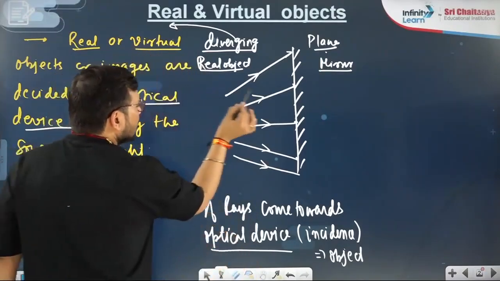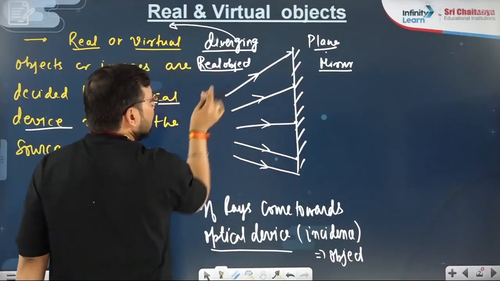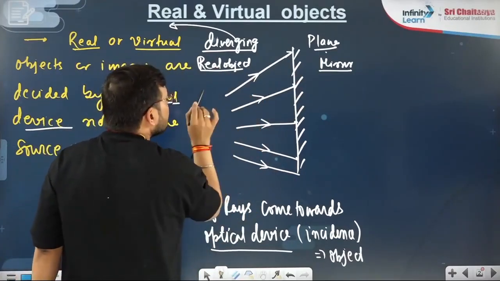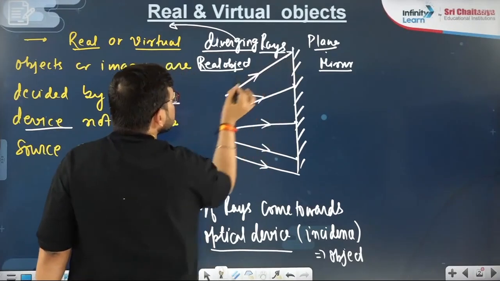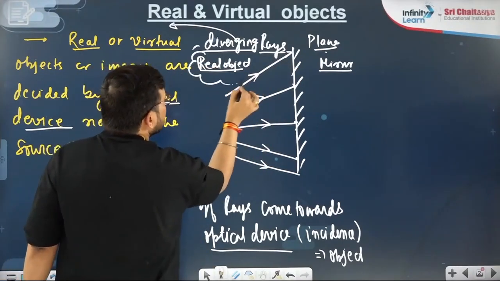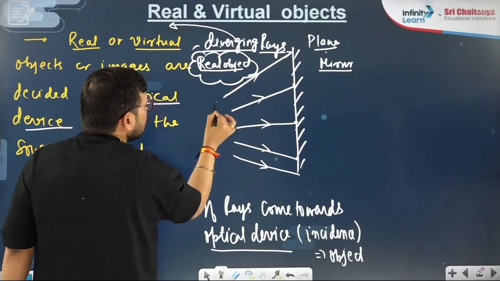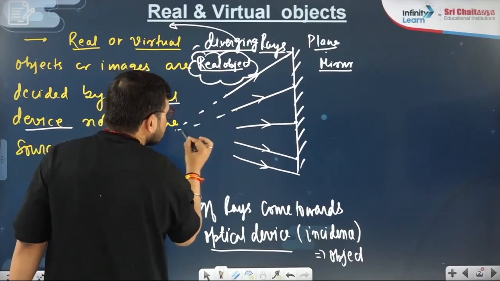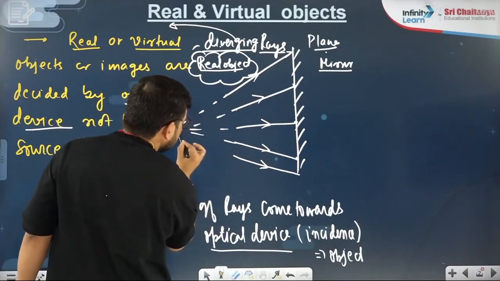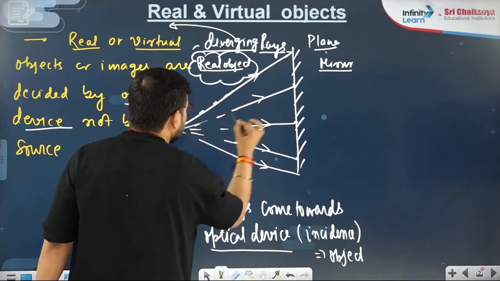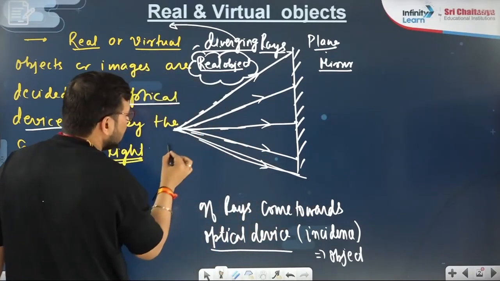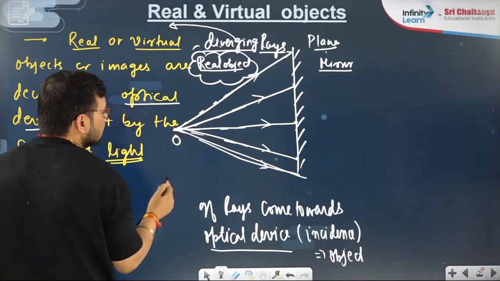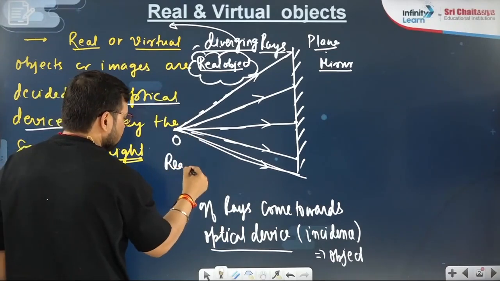If on your optical device the light rays fall diverging, then you are saying it is a real object, because when you try to coincide them, they actually coincide here, and the actual coincidence of incident rays is called a real object.